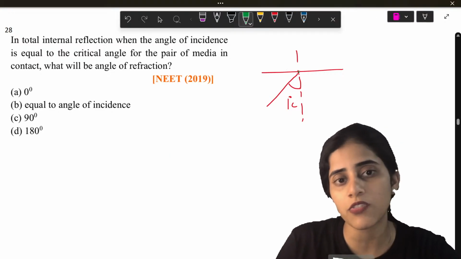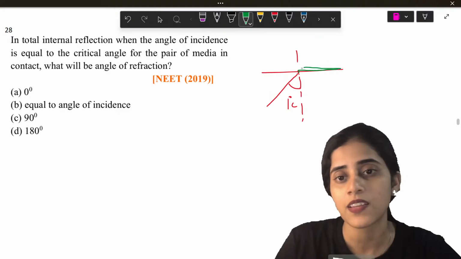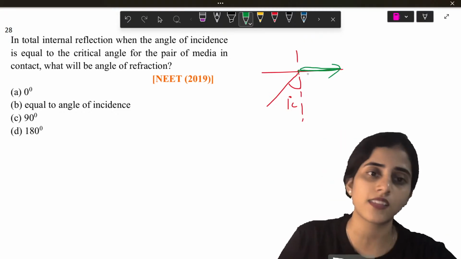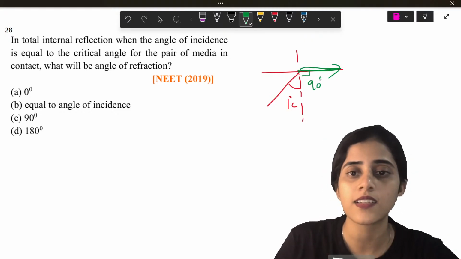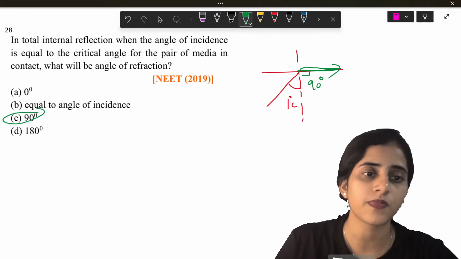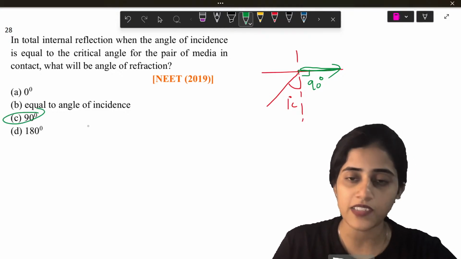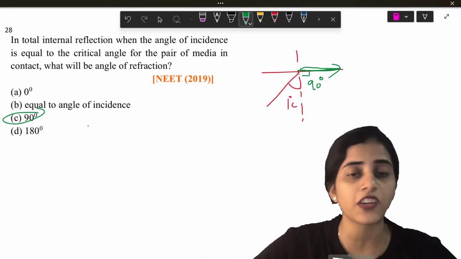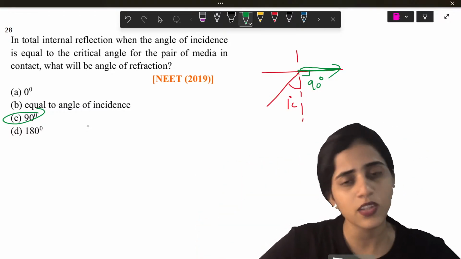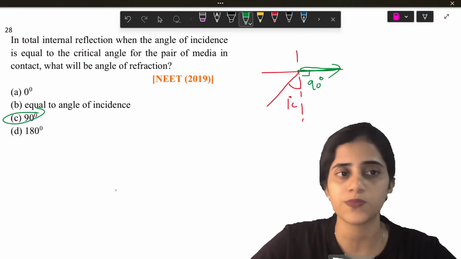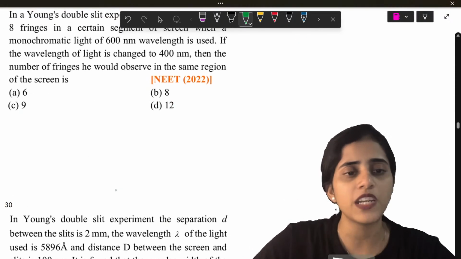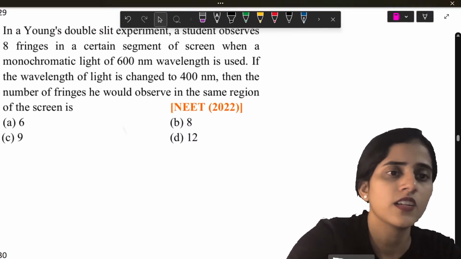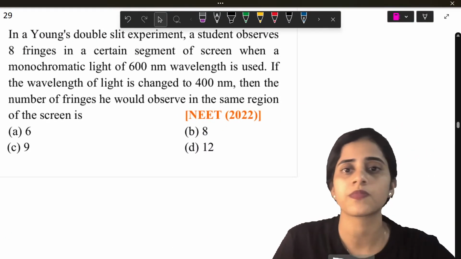Whenever the angle of incidence is equal to the critical angle, the refracted ray falls along the surface, so this angle is 90 degrees. The angle of refraction is always 90 degrees. This rule I'm sure all of you will know. Very good. Let's move on to the next question.